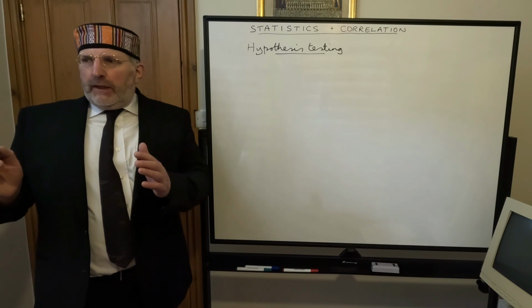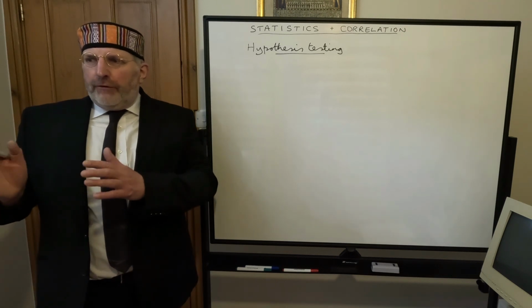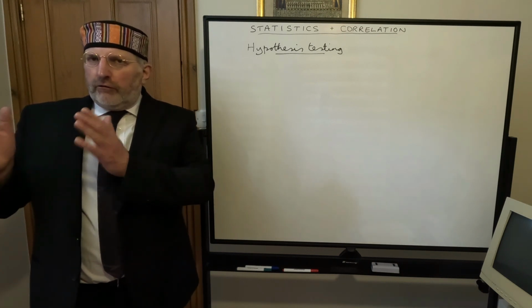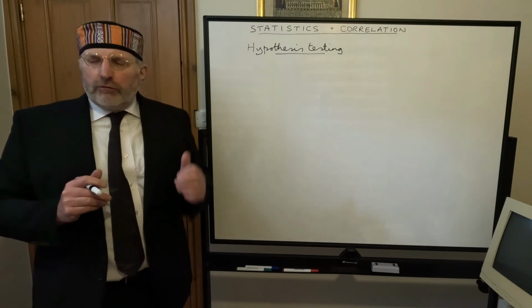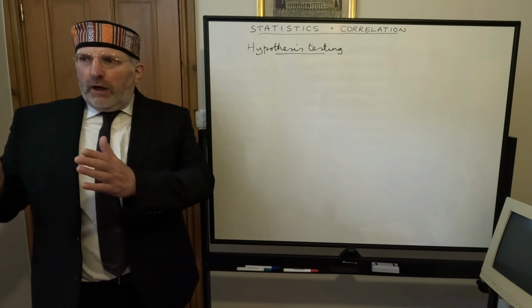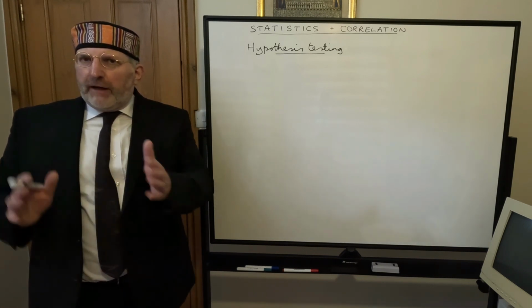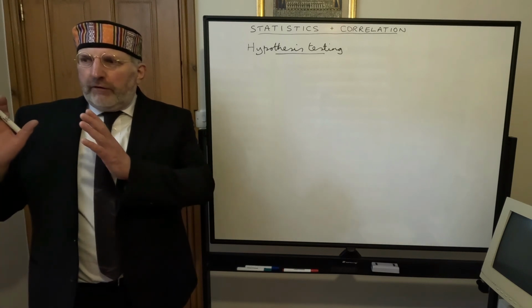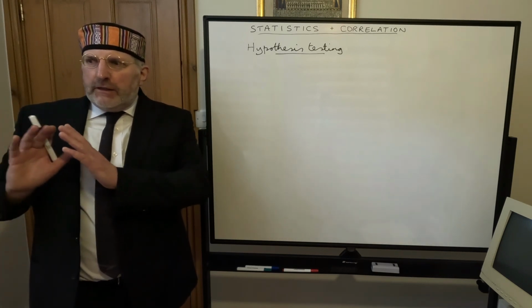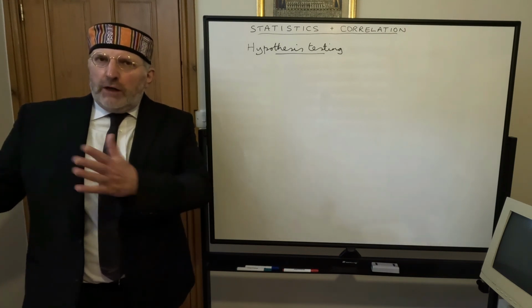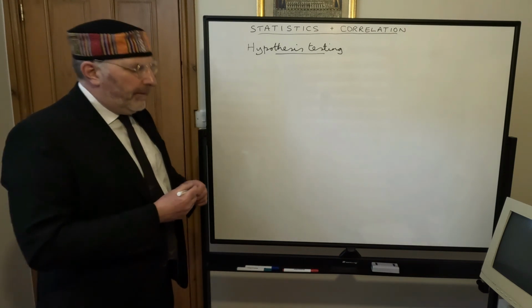So I gave the example, if we saw that a higher proportion of Christian countries are democratic than non-Christian countries, is that definitely something different about Christian countries, or is that just a matter of chance? Is it that the probability is different for Christian countries, or is it the same but just by chance Christian countries happen to have more?